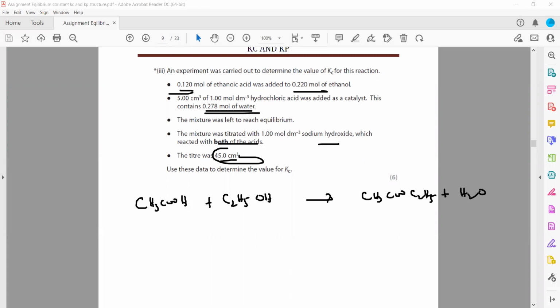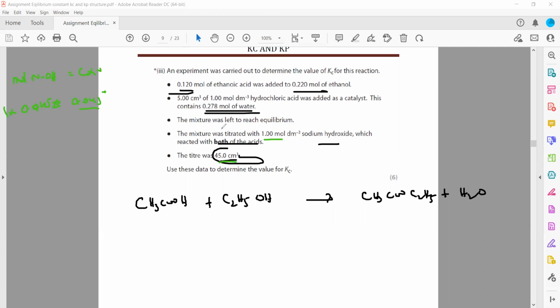Using the concentration and volume of sodium hydroxide, we'll get the moles of sodium hydroxide. The moles of NaOH is 0.045, because it is concentration times volume, and the concentration is 1. Out of this 0.045, how many moles of hydrochloric acid are there?